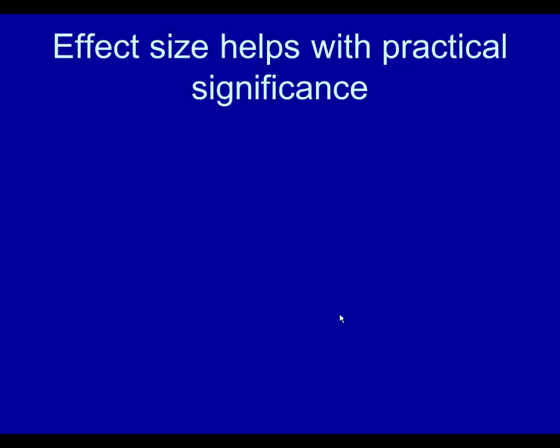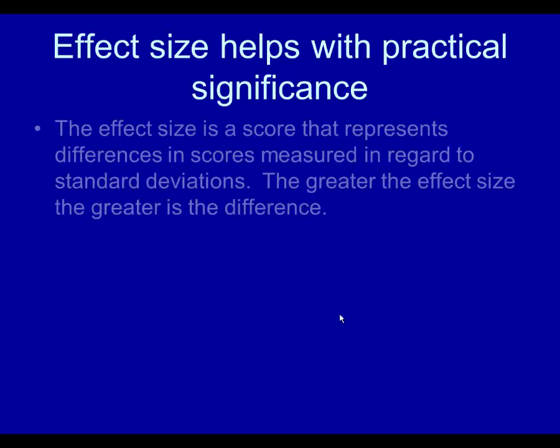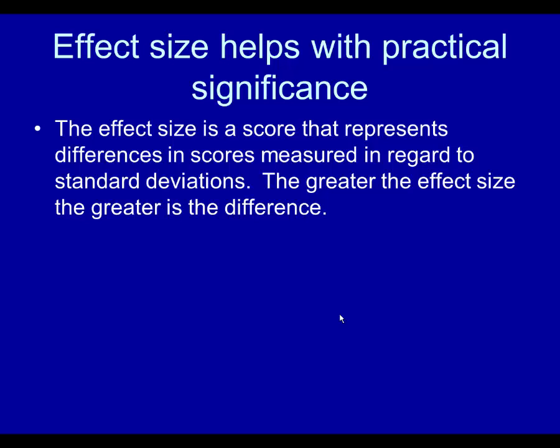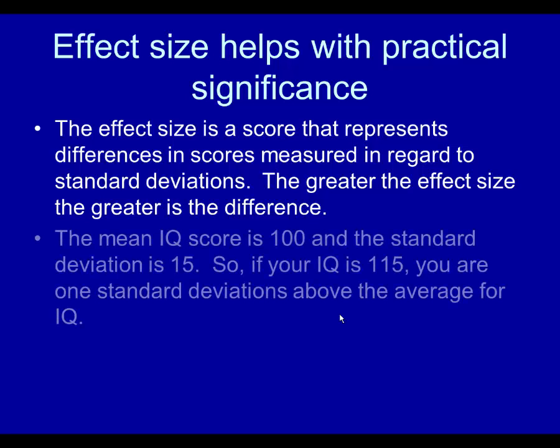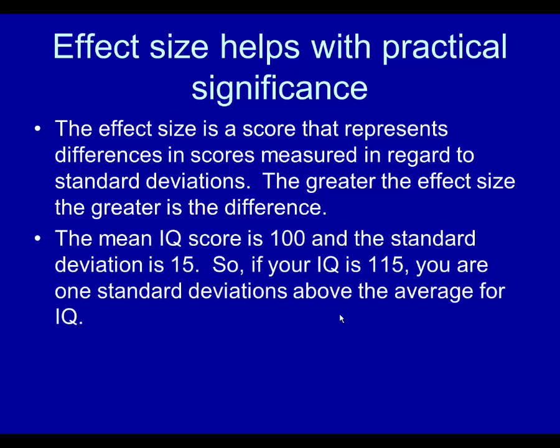Effect size helps with practical significance. The effect size is a score that represents the differences in scores measured in regard to standard deviations. The greater the effect size, the greater is the difference. So the effect size represents number of standard deviations. The mean IQ score is 100 and the standard deviation is 15.